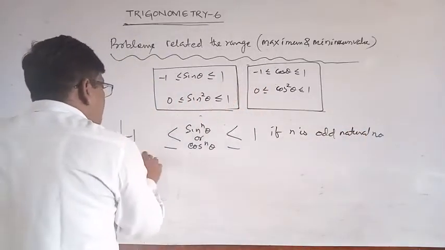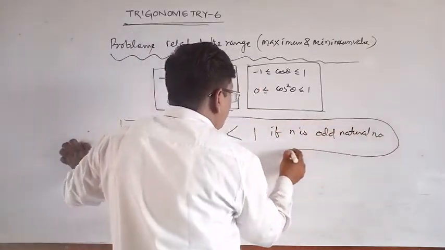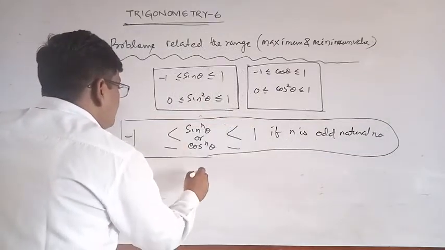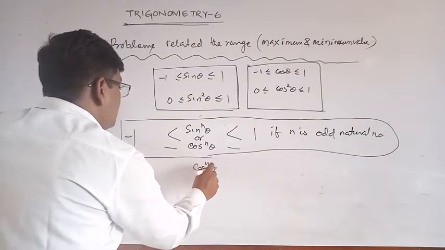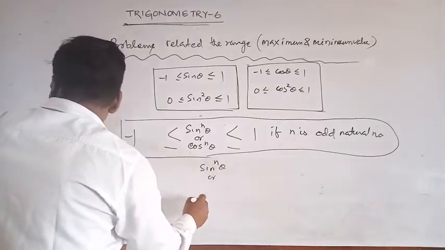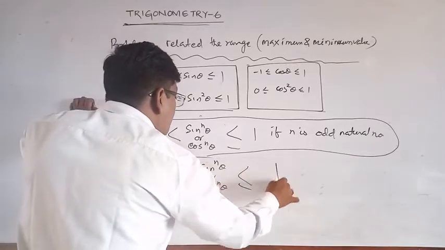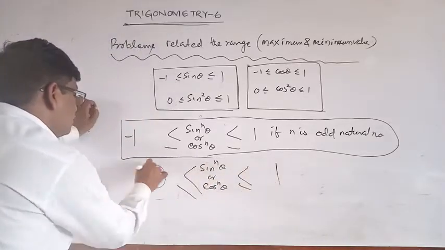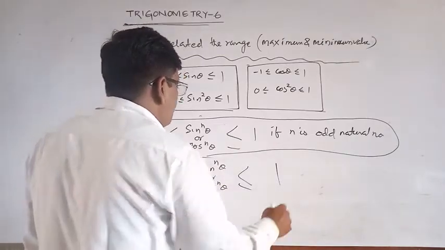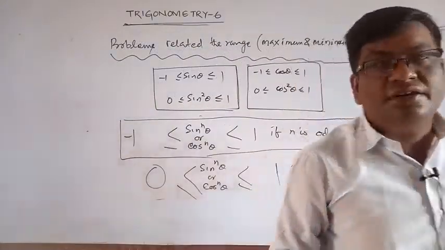This is for odd. And sin n theta or cos n theta lies between 0 and 1 if n is an even natural number.